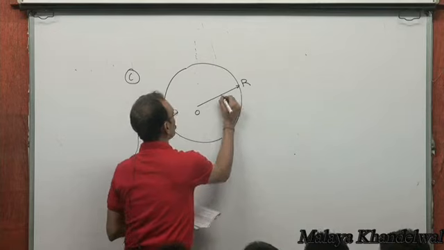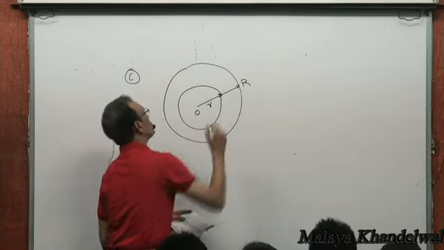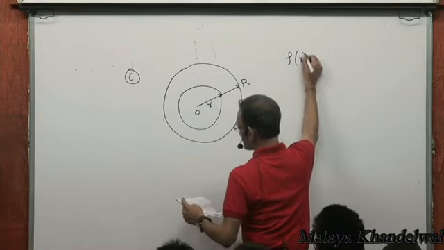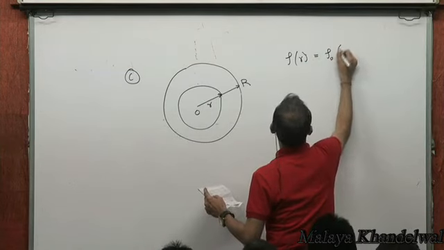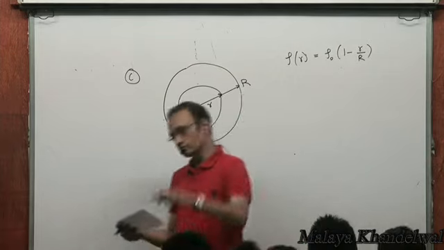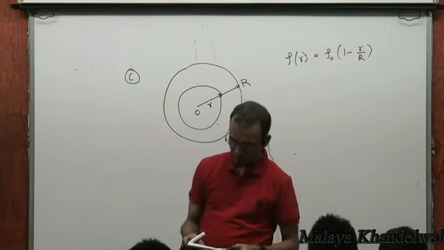Center O of the ball, at a distance small r, that means at every point on a spherical surface of radius small r, the volume charge density is given by rho naught into 1 minus small r by capital R. Rho naught is a constant.